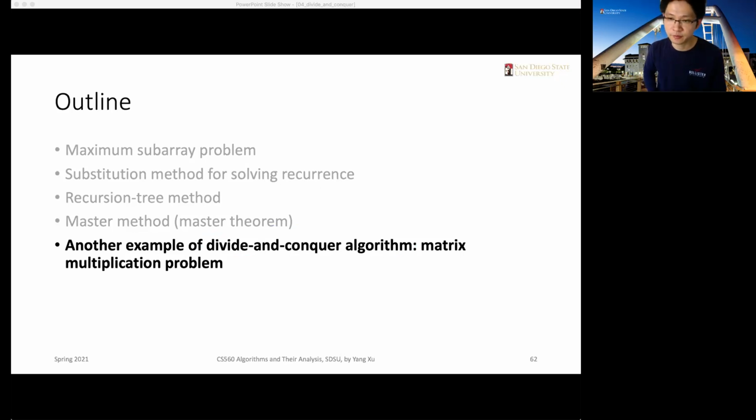There's a date for the midterm. I need to check my calendar. It should be March the 1st, I think. It should cover the divide and conquer algorithms and the sorting algorithms as well. I can make it into the announcements. I think it's already in the syllabus. If not, I will make an announcement.